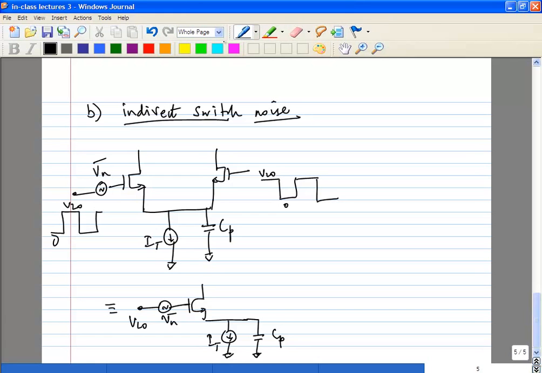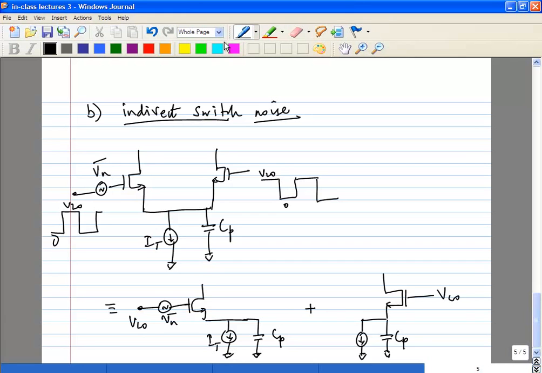During the second half cycle, you have the other side. You already replaced the input referred noise of both devices as Vn. So this is the first half cycle, this is the second half cycle, and the two things are totally independent.